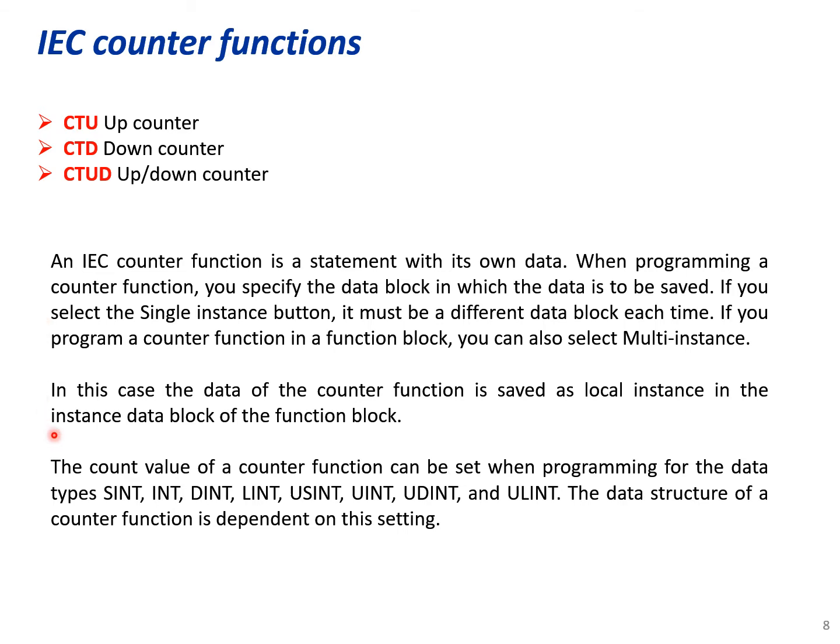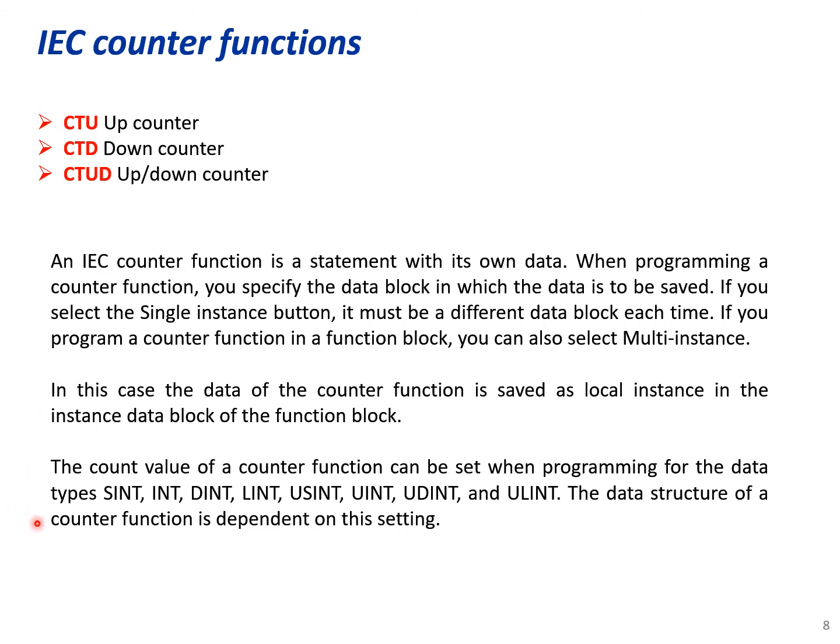In this case, the data of the counter function is saved as a local instance in the instance data block of the function block. In many cases, during the examples and exercises, I recommend you use a single instance, at least for now.